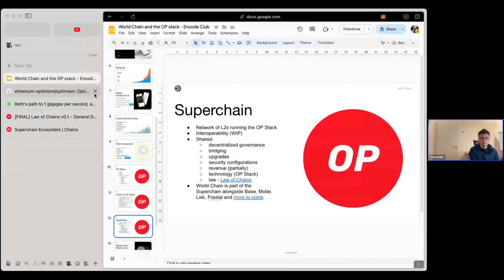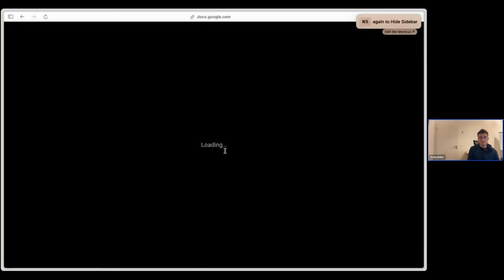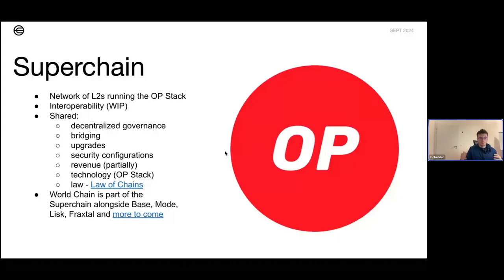If you use this link, you're able to read what the Law of Chains is. Essentially, it's a common shared set of values that people abide by when operating an OPStack network, so that you can be part of the Superchain. And one of the clauses is that you share part of your revenue or profits with the Optimism ecosystem, so that people that are using the OPStack can benefit the general ecosystem of the Superchain, right?